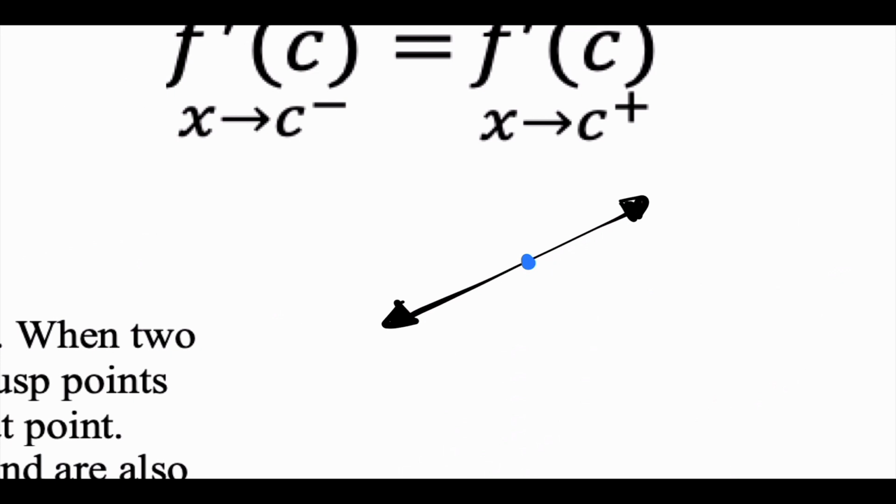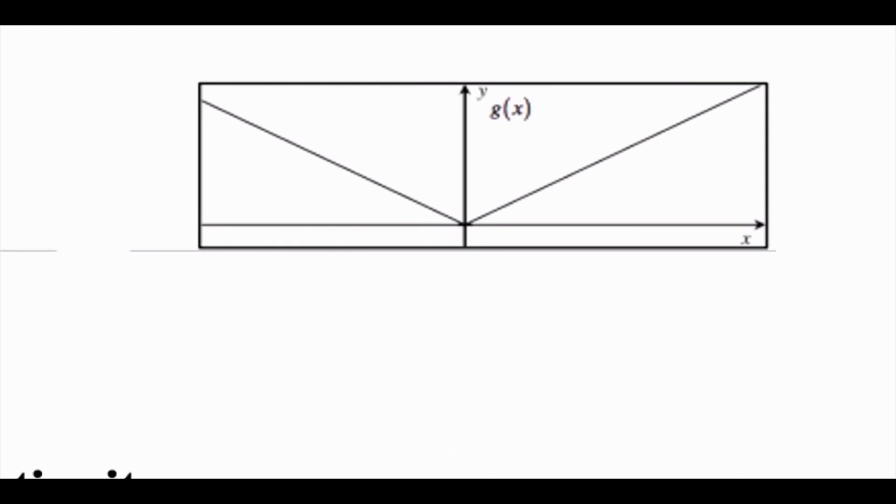But these guys aren't. At this point right here, it's not differentiable because before, the derivative was negative, decreasing. And then at that point, it switches to positive. So the derivative coming into that point is different than the derivative going out of that point.